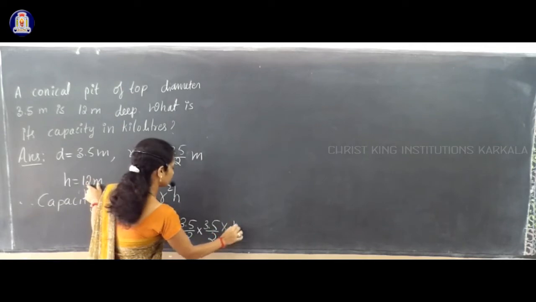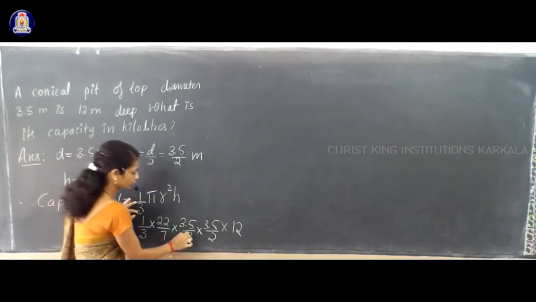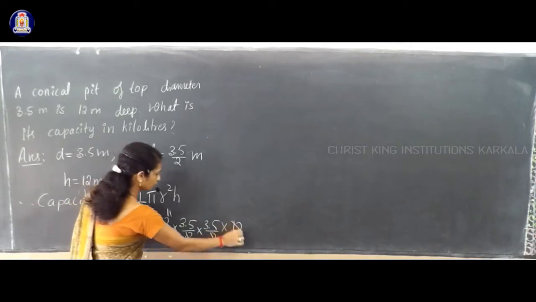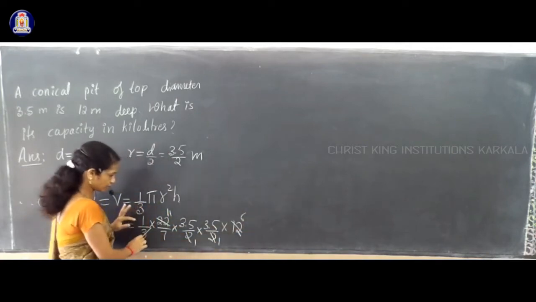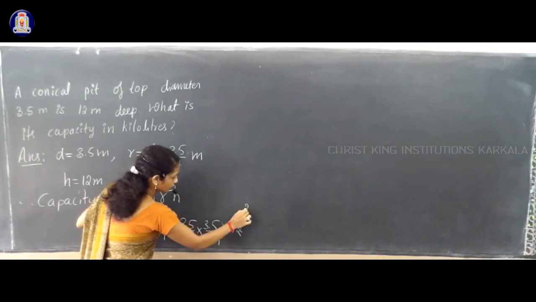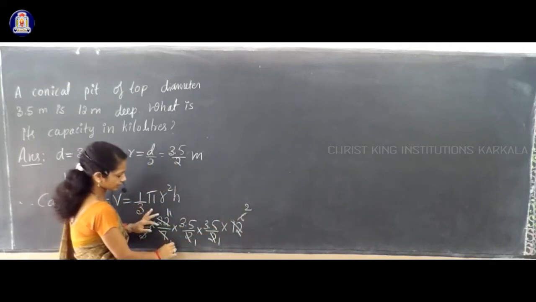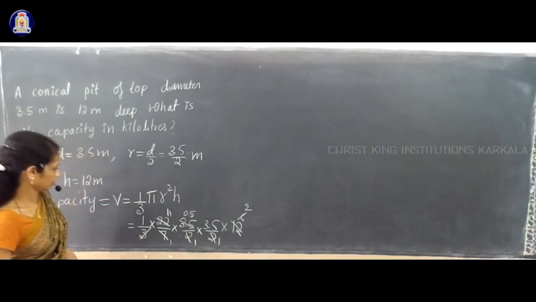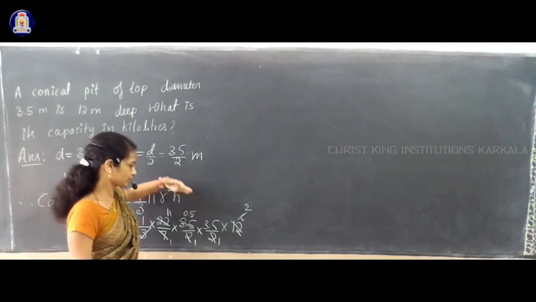h is 12. And here 2 ones are 2, 11 times, and here 2 sixes are 12, 6 times. Then 3 you can cancel, 3 twos are 6, 2 times. Then 7 ones are 7, 0.5 times 3.5. Then the remaining numbers you multiply.